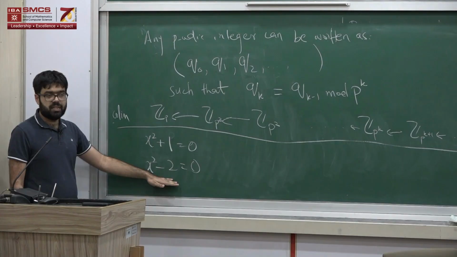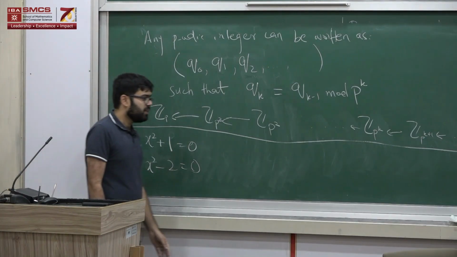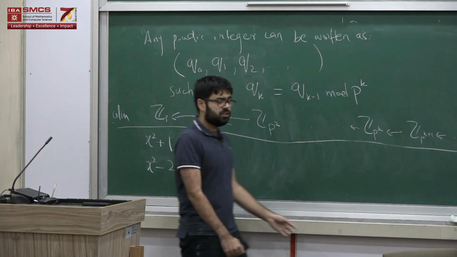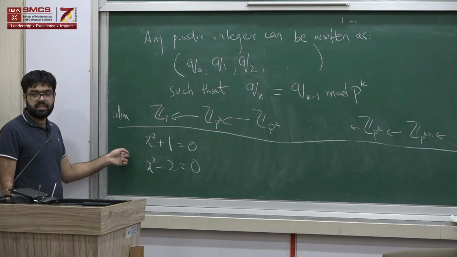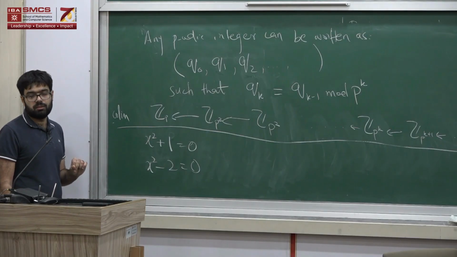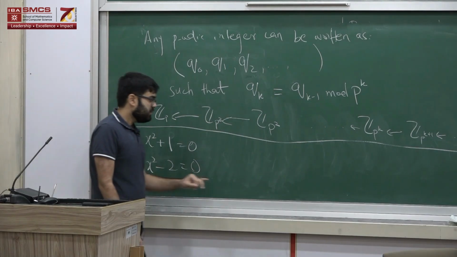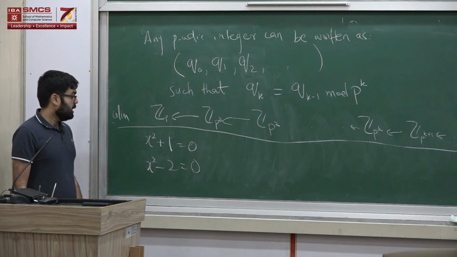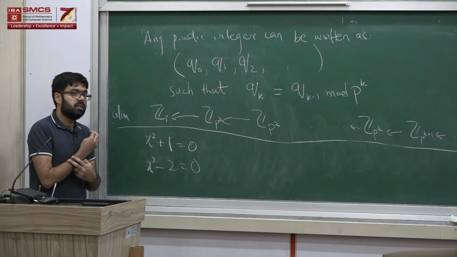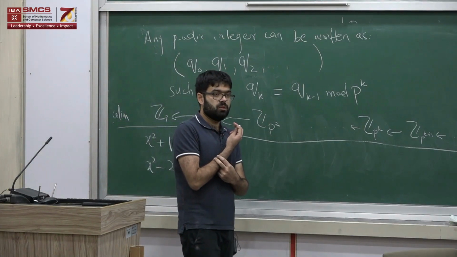This is not the case here. Now we have a different notion of distance, so it's not obvious which of these equations have a solution for p-adics and which don't. What we want to do now is investigate when these equations have a solution.